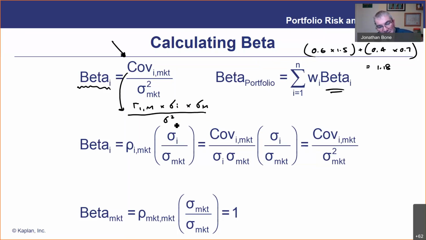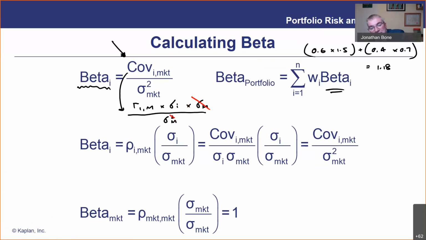Once we've split it out like that, which is what they're really doing in the second line on the slide here, you'll notice you've got the standard deviation of the market in the numerator and the variance of the market in the denominator. So that will cancel with the square there.